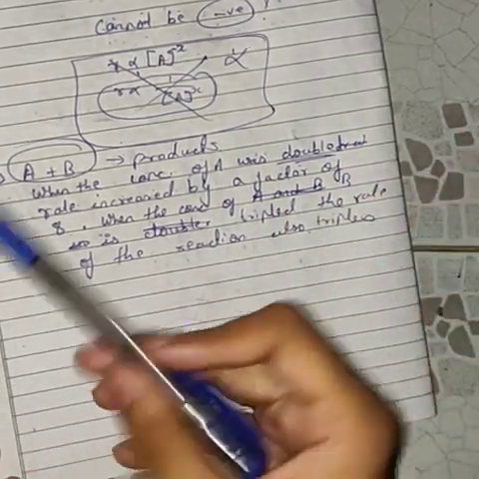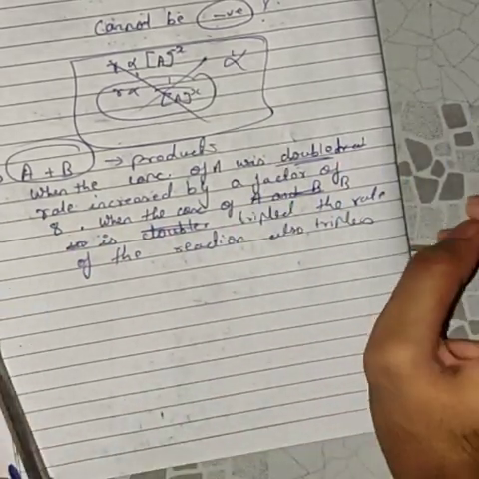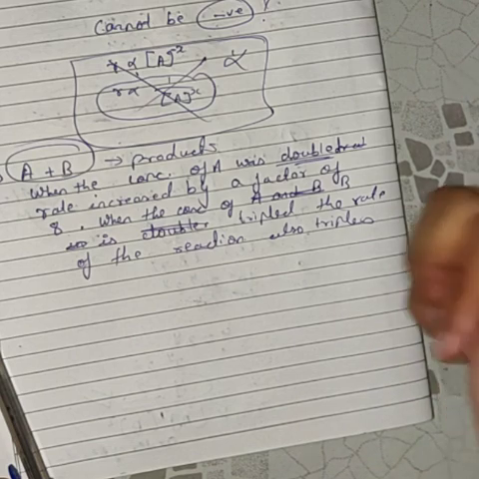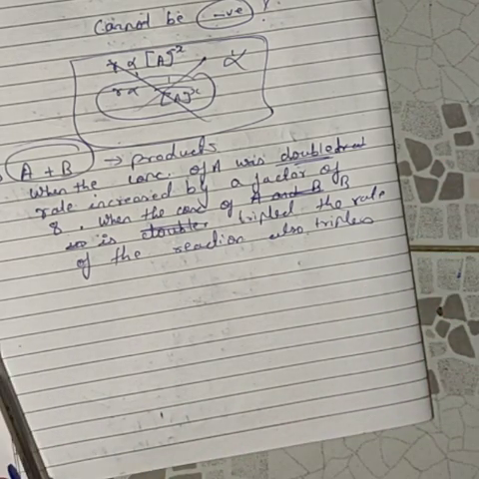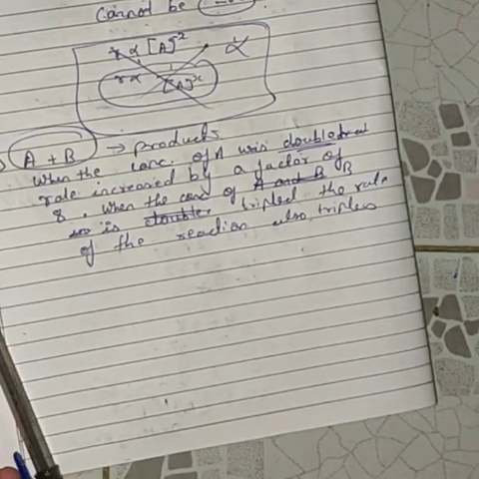I repeat the condition once again. When the concentration of A was doubled, A के concentration को double किया तो rate 8 गुना बढ़ा by the factor of 8, और जब concentration of B को हमने triple किया तो rate भी triple हुआ.